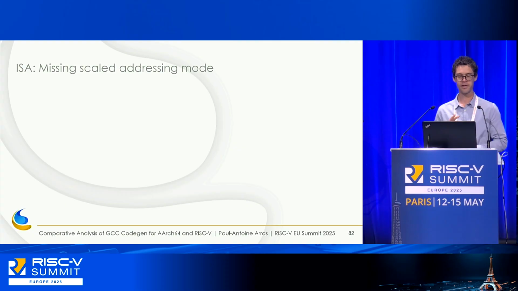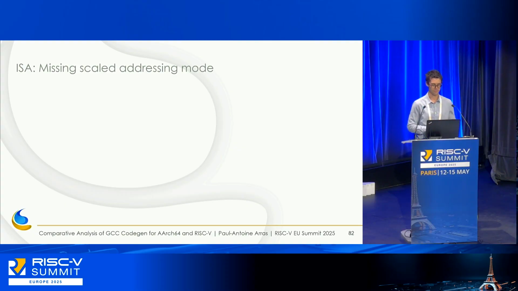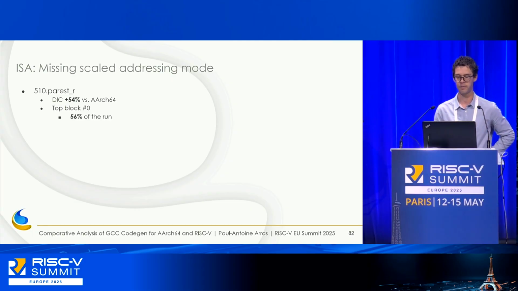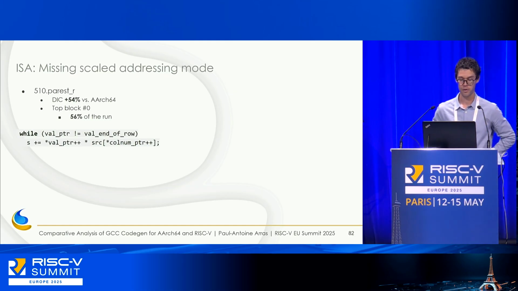I'm going to give you four examples of issues that I found during this analysis. First, something that is directly related to the ISA. On the Arras benchmark, we have shown that there is a 54% difference compared to ARM, even 56% if we just focus on the first top block, which comprises mostly this tight loop.